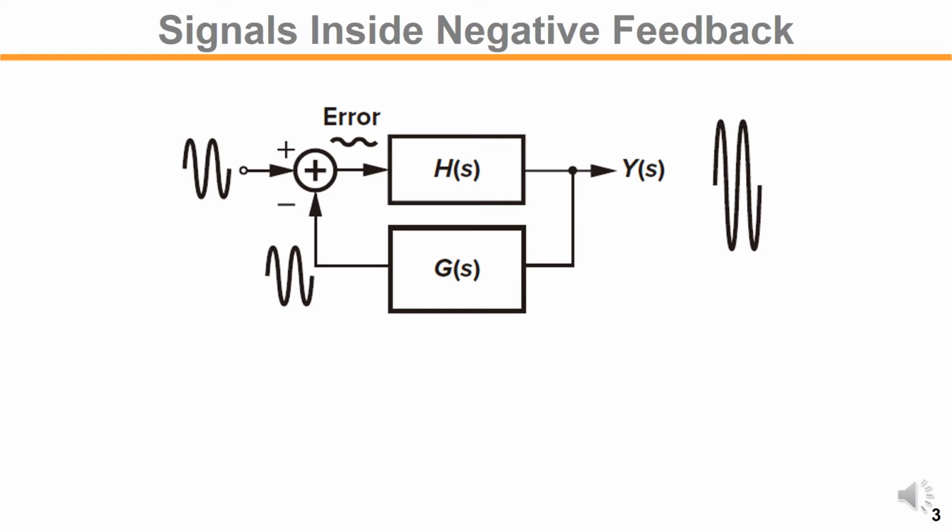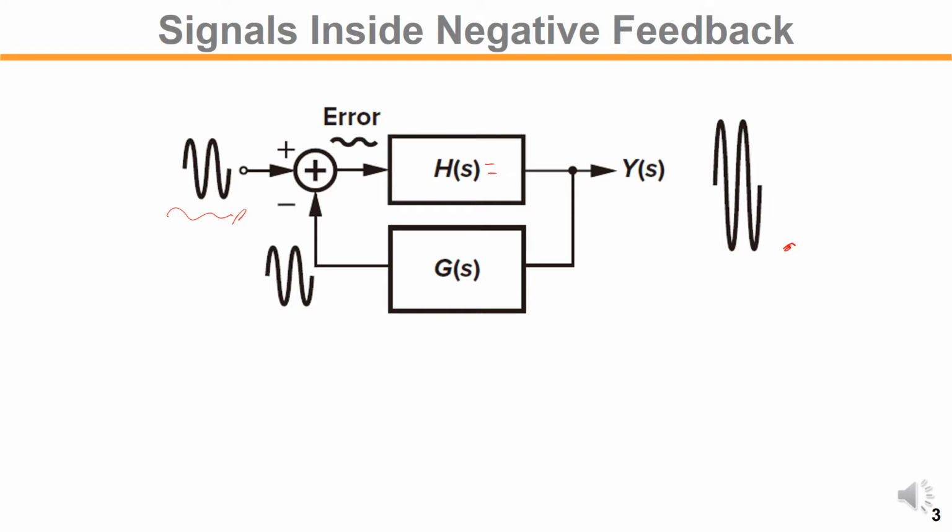Let's take a look at the signals inside the negative feedback. Let's assume we have a sinusoid waveform at the input, then the H of S will have a certain relationship between input and output. Let's say H of S is a certain large gain.